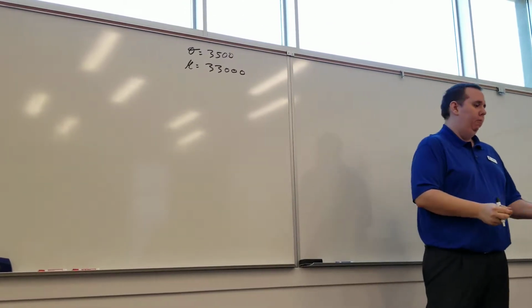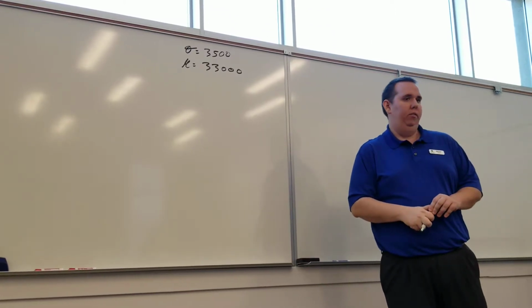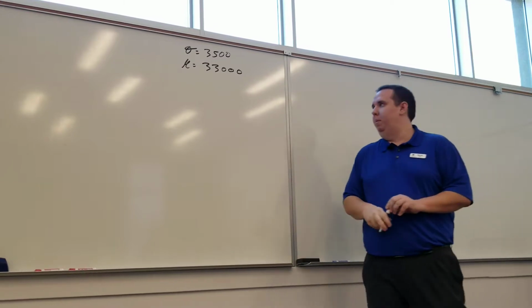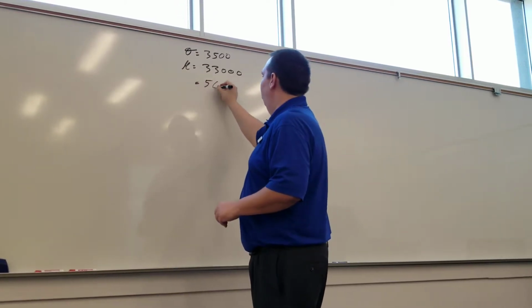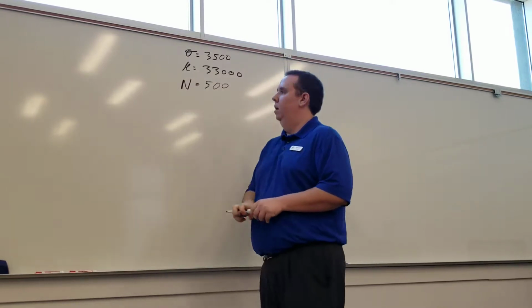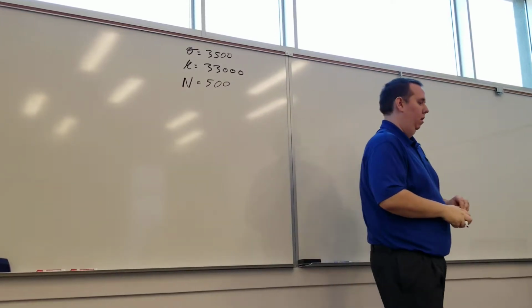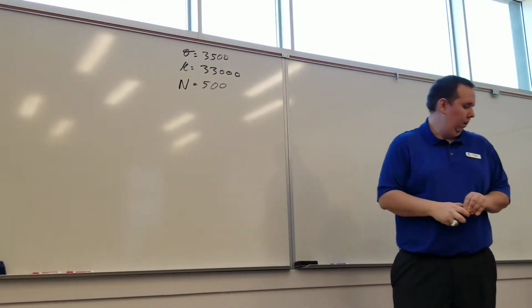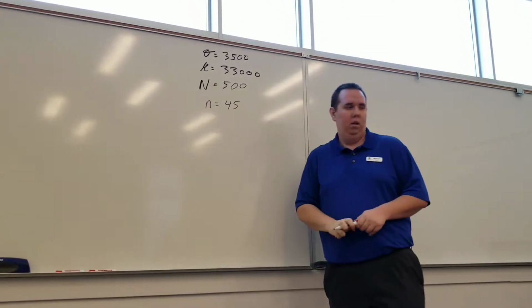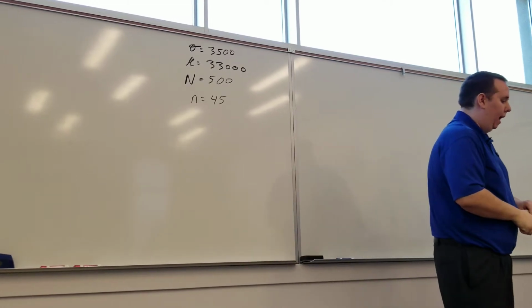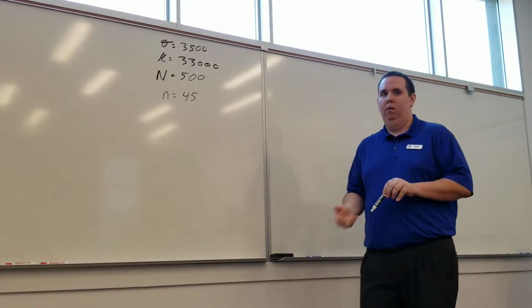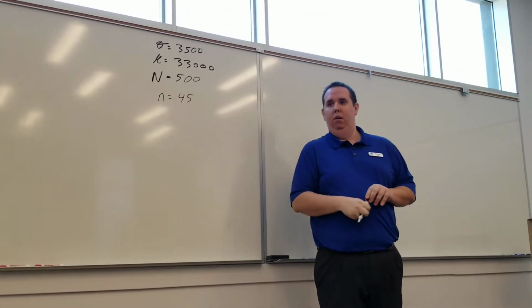The 500 people that bought cars last week, that's our population, so big N is 500. Little n is 45. And then that 1,000 is just a piece that we will use when we're calculating our z-scores.